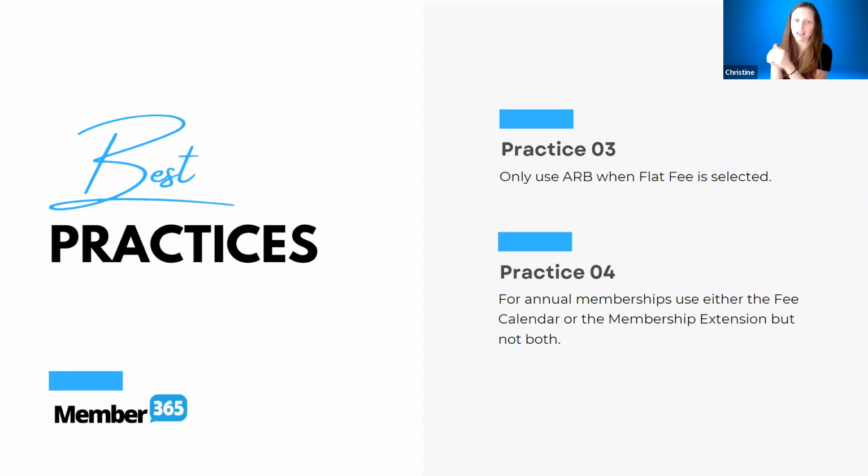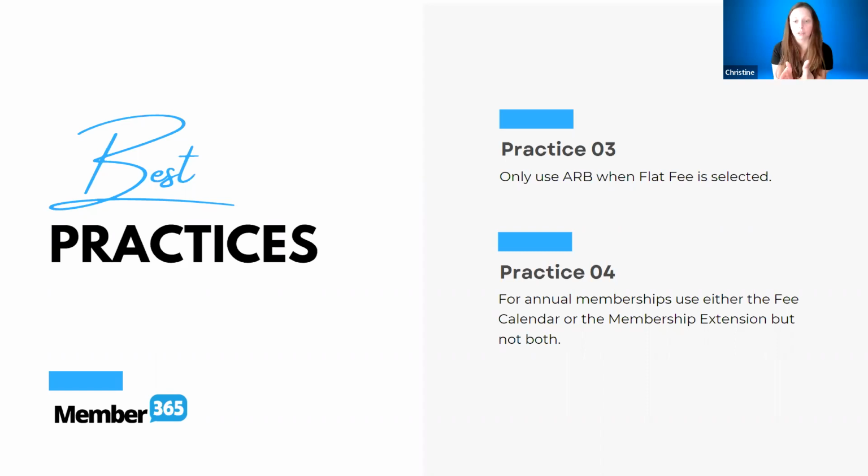If you're using any of the others, I would not have ARB turned on, because it might change. Every time they renew, they might change categories, units, or organization, things along those lines. So it's only if you have a flat fee attached that you can use the ARB. Keep that in mind.